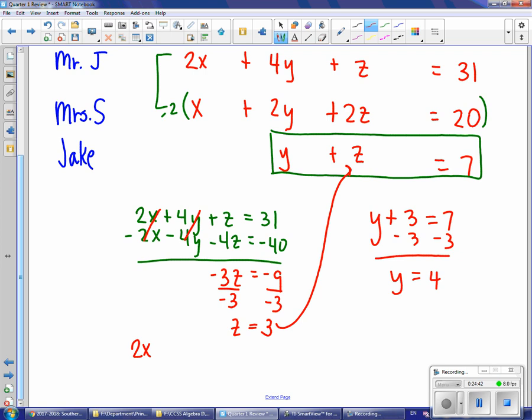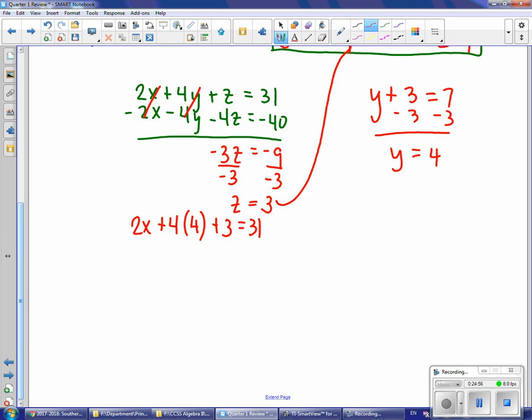So we have 2x plus 4y. So it's going to be 4 times my solution, which is 4. And then I've got plus z, or plus 3, and that's got to equal 31. So when I simplify, 4 times 4 is 16, and if I add that to 3, I get 19. So we have 2x plus 19 is equal to 31.